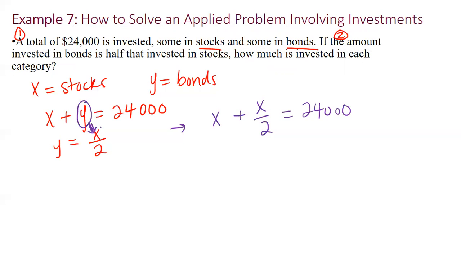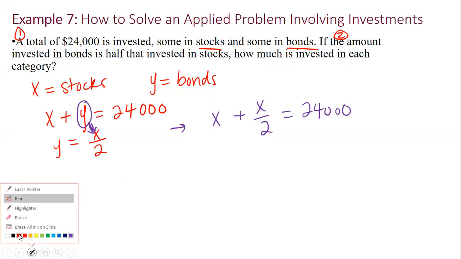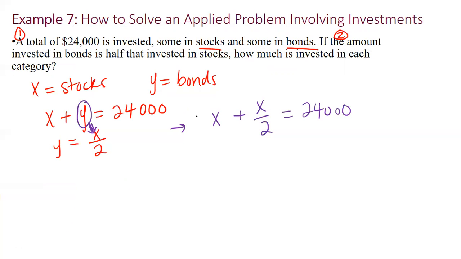All right, so to eliminate the 2, instead of dividing everything by 2, I'm going to multiply everything times 2. And what that does is it eliminates the denominator. So I'm left with 2x plus 1x equals 48,000.